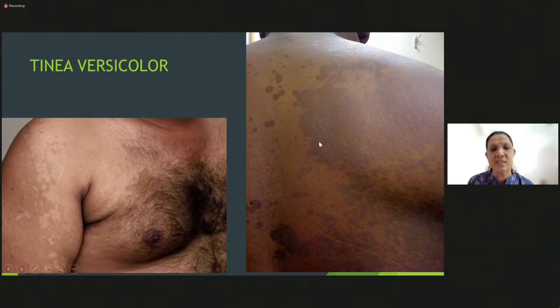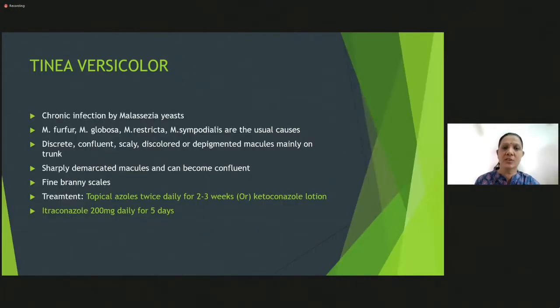Okay, so that is the way to recognize Tinea versicolor. It's a very common fungal infection of the chest, back, and face. How to treat it? Mostly we treat it with topical antifungal shampoos or lotions. Common ones are clotrimazole and ketoconazole. For very severe infection, itraconazole 200 mg daily for 5 days can be given.